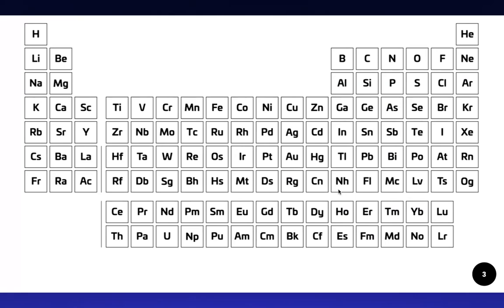We've done a lot of work with this, and you know how to find the charge of any element on this periodic table. If it's group 1, 2, 3, 4, 5, 6, 7, or 8, you know that the group number corresponds to the number of valence electrons.